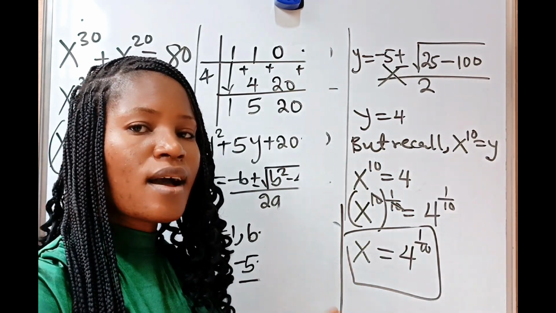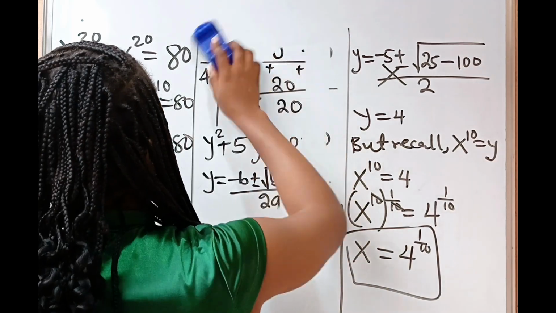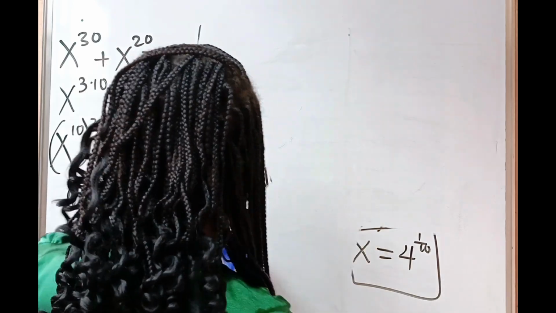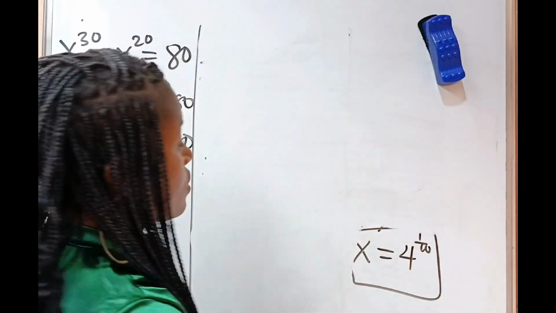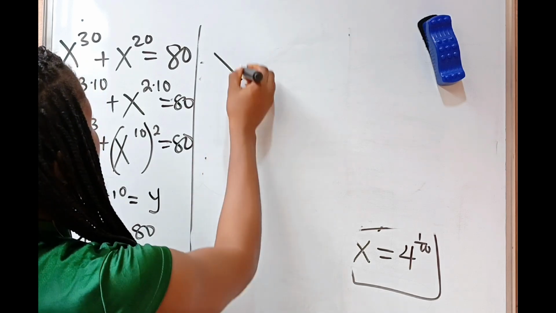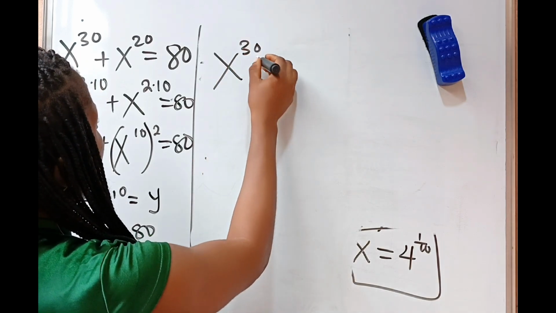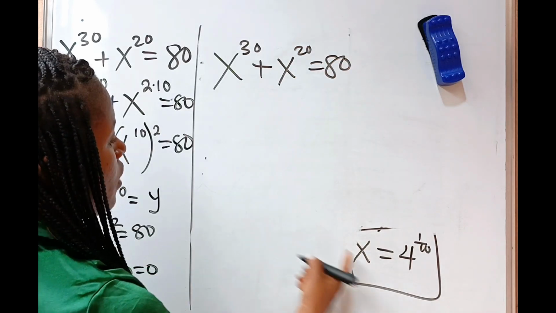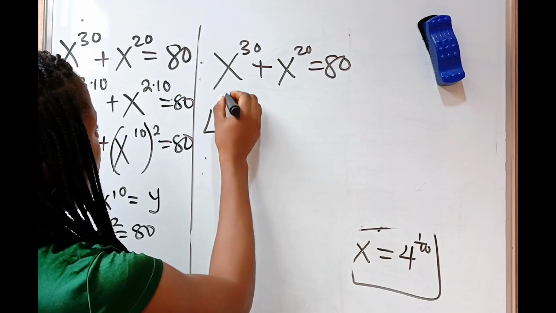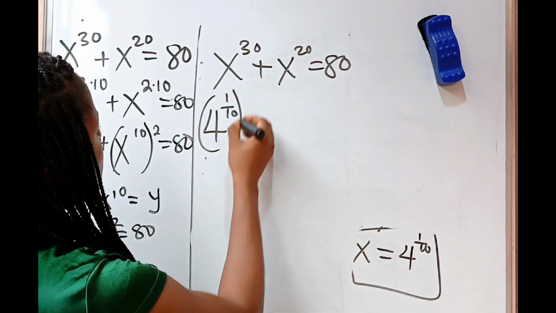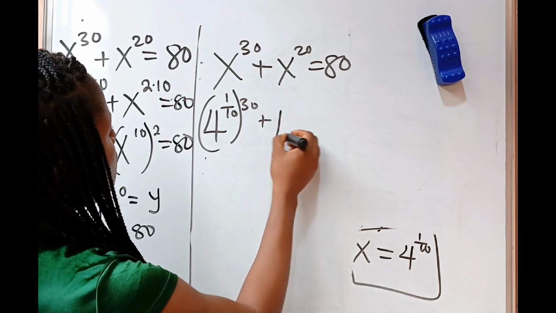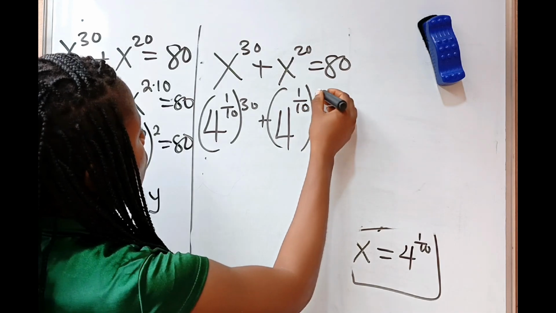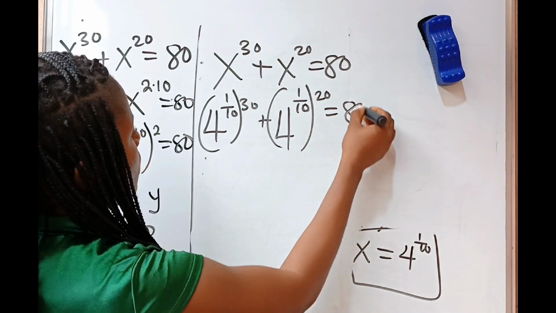Now let's prove that the answer we got is correct. So x is equal to 4 raised to the power of 1 over 10. The question says x to the power of 30 plus x to the power of 20 is equal to 80. Now x is 4 to the power of 1 over 10 raised to the power of 30 plus 4 to the power of 1 over 10 raised to the power of 20 is equal to 80.